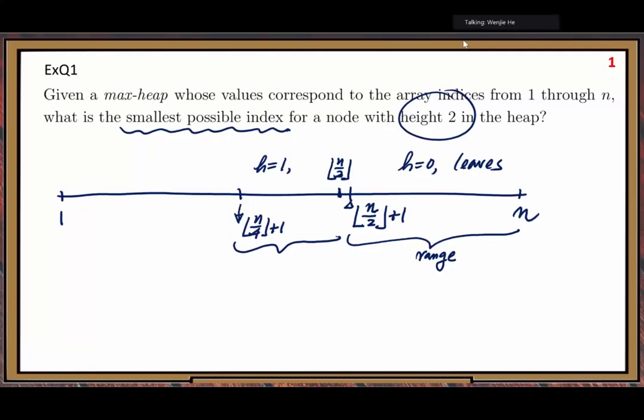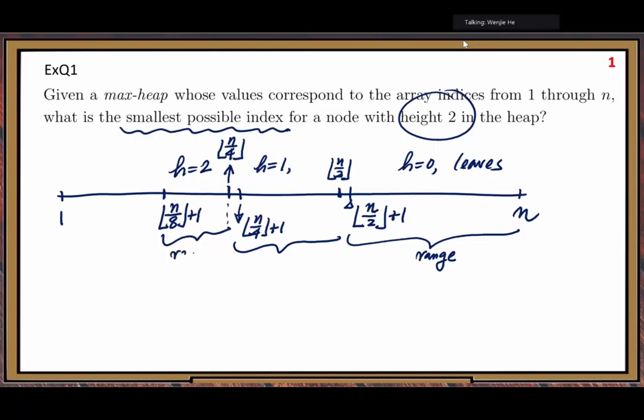But now we need to look at height 2. The interval for height 2, h equals 2: for the range, this point should be floor of n over 4, and then the lower bound is n over 8 plus 1.